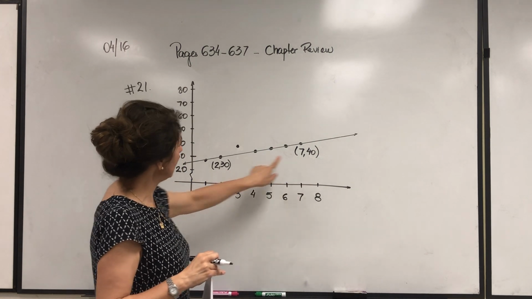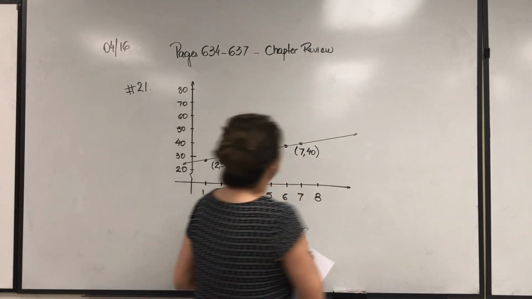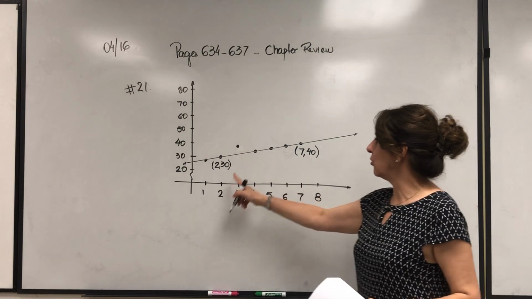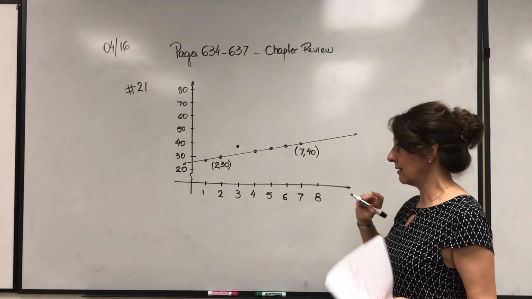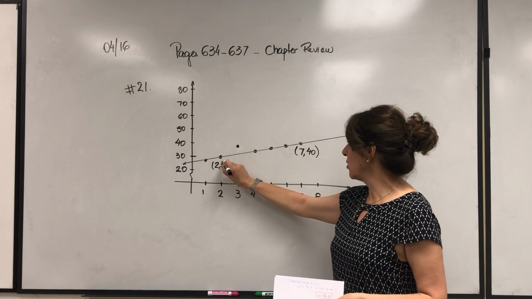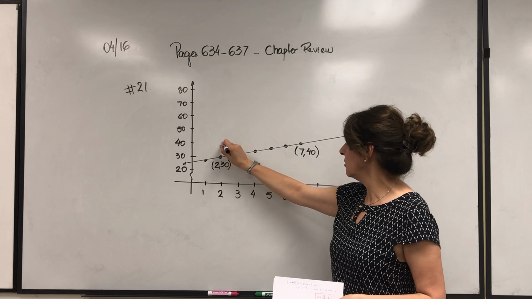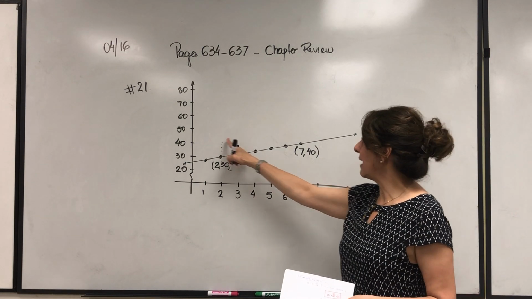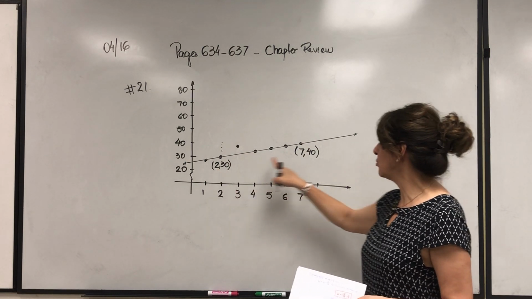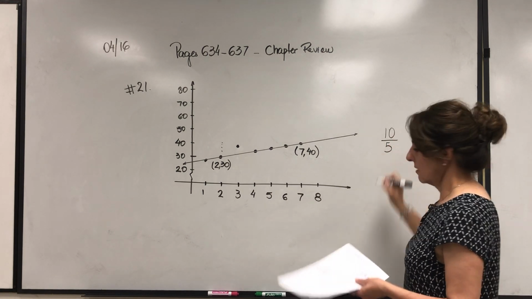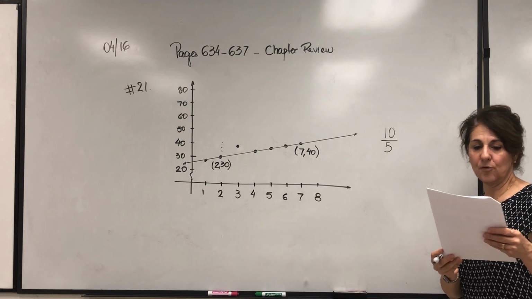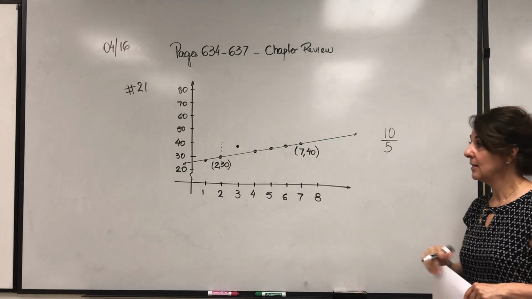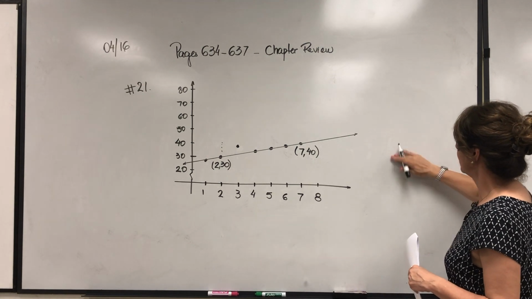So X and Y, X and Y. How do I find my slope? I can either go rise over run, right? So I rose from 30 to 40. So I rose 10. And then on my run, I came from 2 to 7. So I ran 5. So 10 over 5. Or I can do what?